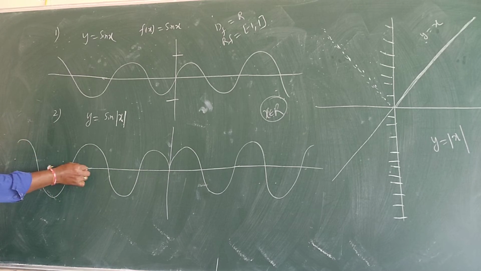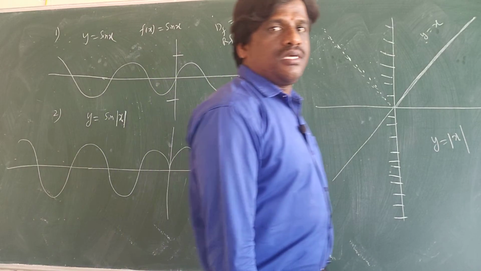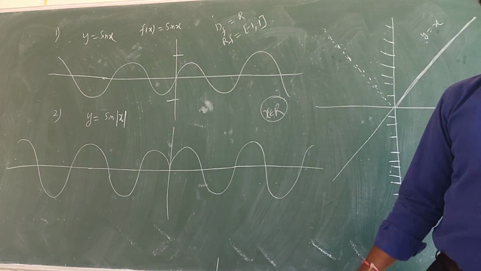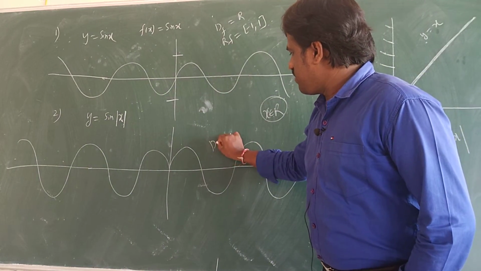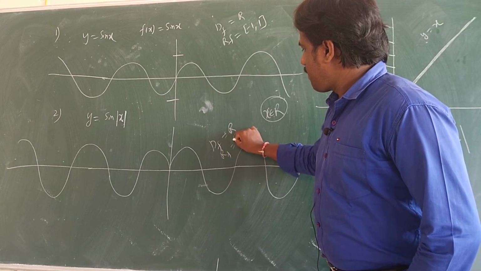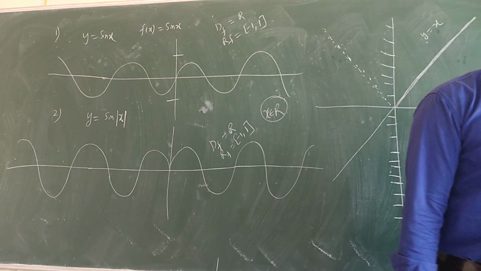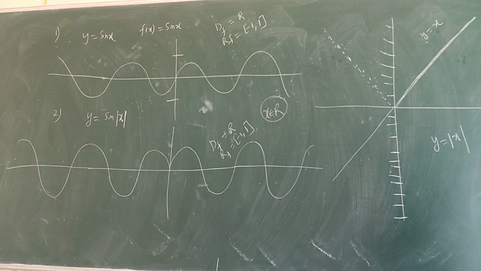So this is the graph of sin mod x. What is the domain of the function? What is the range of the function? -1 to +1. Right? Understood? ये भी आपको पता होना चाहिए, इसलिए मैं बोल रहा हूँ. ठीक है, लिख लो.